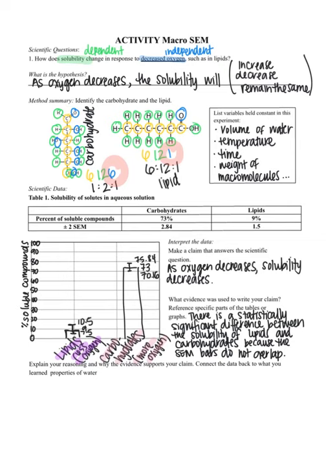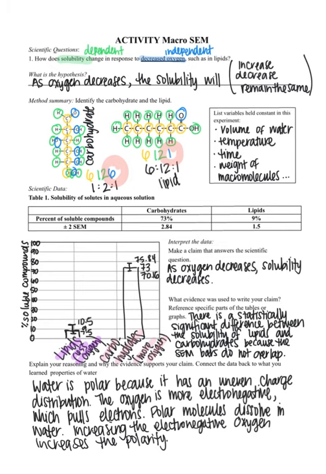So, you could talk about how you know that water is polar. It has an uneven charge distribution. And because it's polar, it dissolves polar things as well. What makes water polar is that it contains that oxygen that's more electronegative than the hydrogens, which keeps that negative side over on the oxygens.